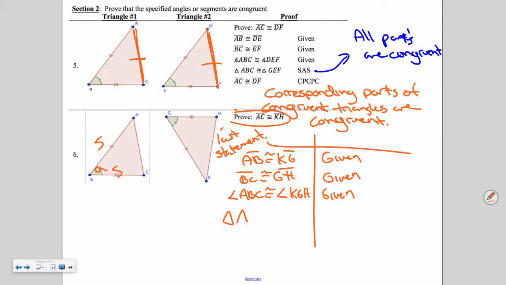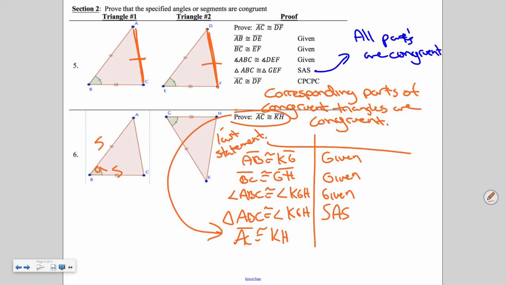So triangle ABC is congruent to triangle KGH by side, angle, side. Now the triangles are congruent, which means I know that AC is congruent to KH because corresponding parts of congruent triangles are congruent.